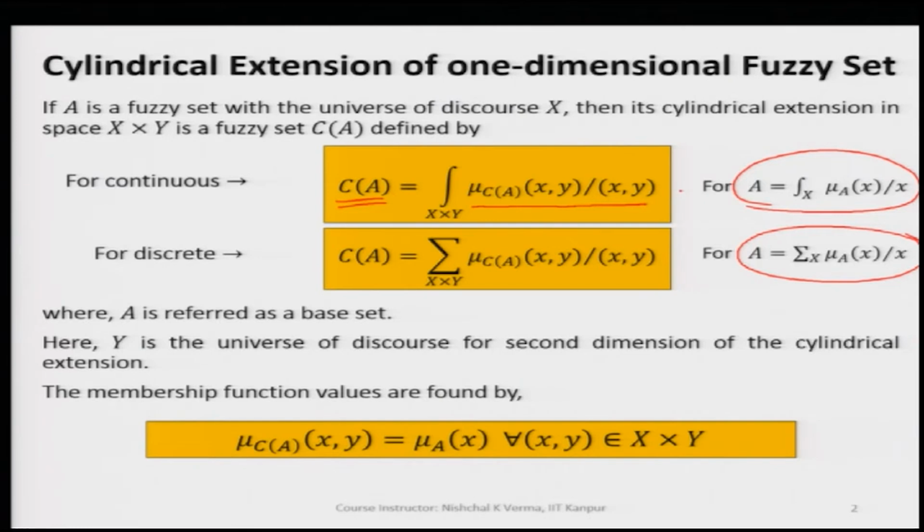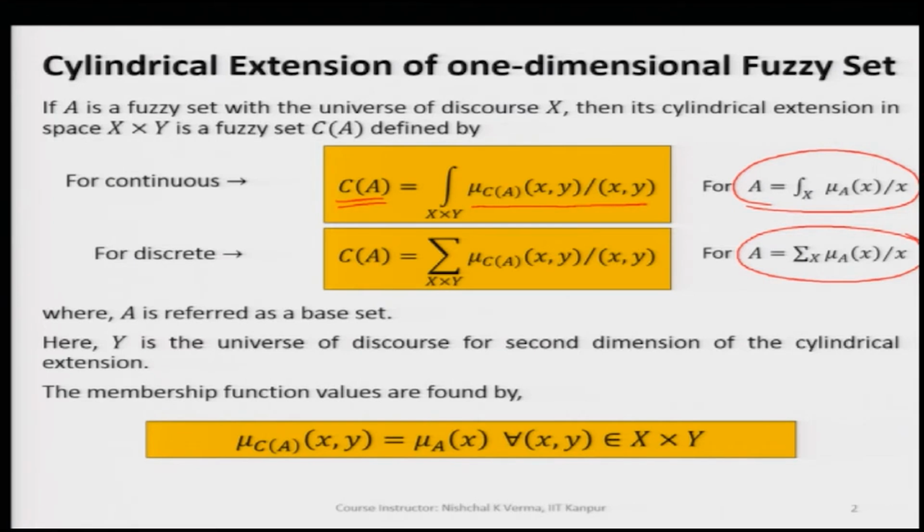This is why we call it the cylindrical extension of fuzzy set A. The cylindrical extension of fuzzy set A is C of A, defined by the integral over X cross Y as the universe of discourse, with the membership value mu C of A of x comma y over x comma y.